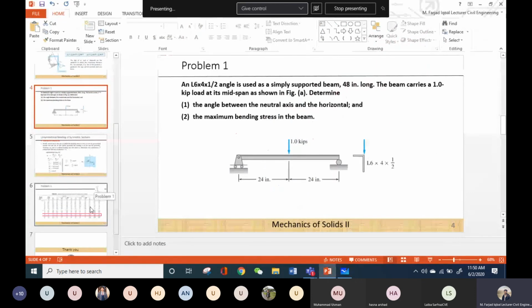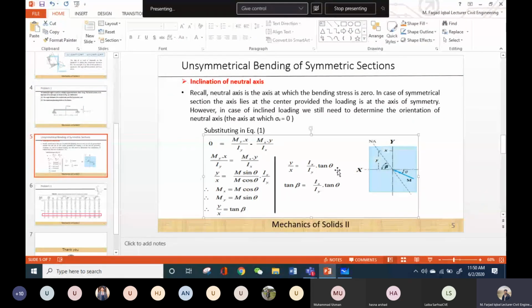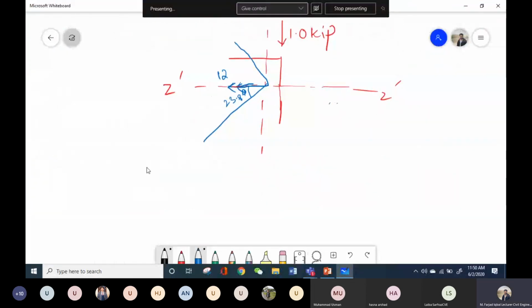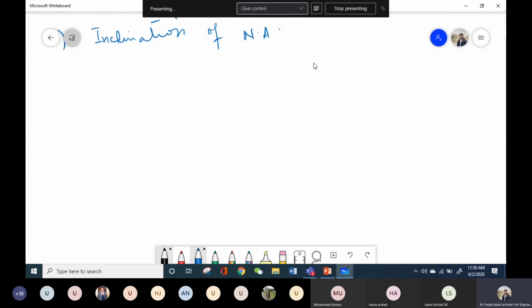So the first thing that they have asked us to compute is to calculate the angle between the neutral axis and the horizontal axis. For that, this figure or this derivation is very important to understand. So let's suppose now I'm solving the first part of the question, that is to compute the inclination of neutral axis. So let me plot this section again.